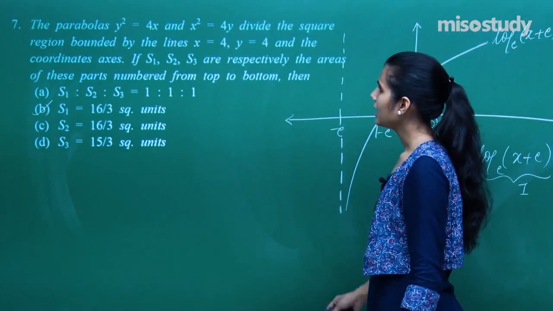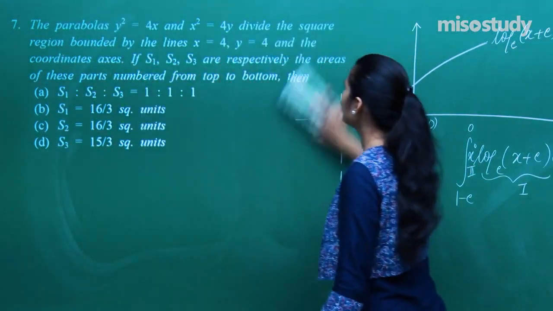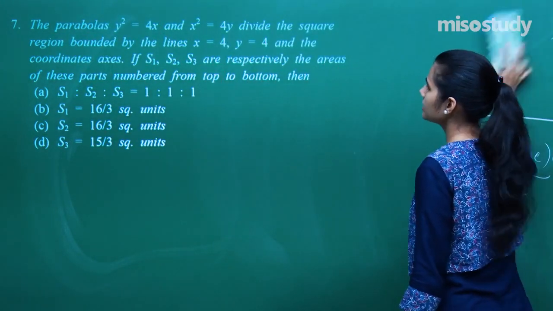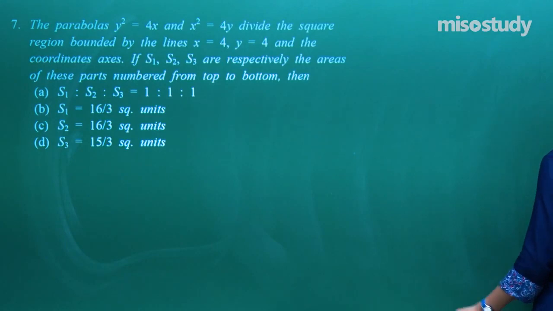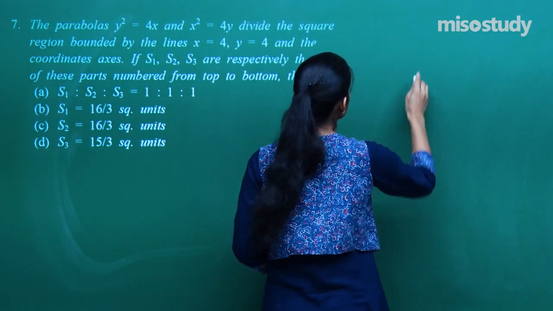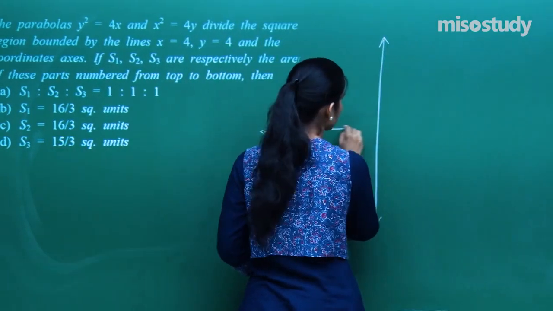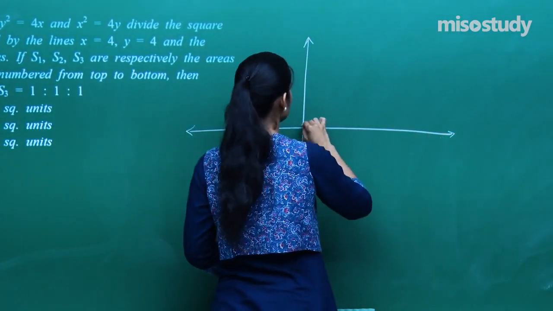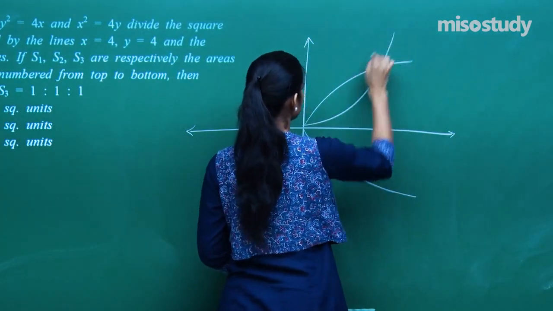Moving to the next one, we have these parabolas that divide the square region bounded by the lines and the coordinate axis. Okay, let's try to understand what this is trying to say. I know the two parabolas. It's pretty convenient to understand they are two standard parabolas. One is this, other is this.